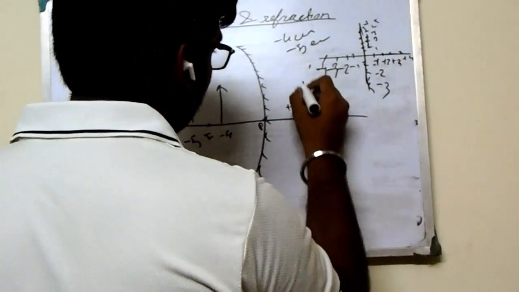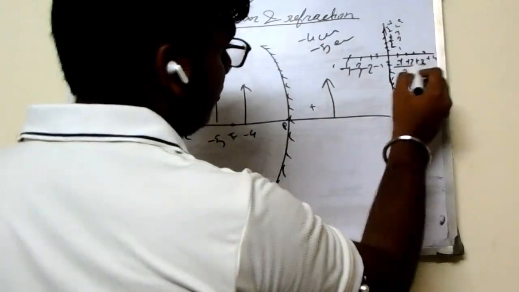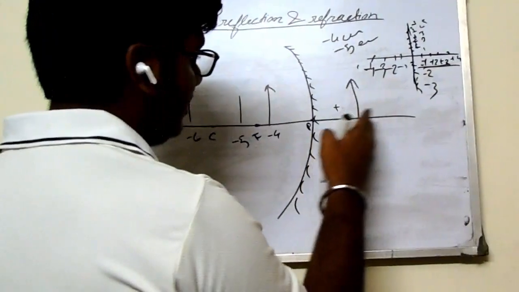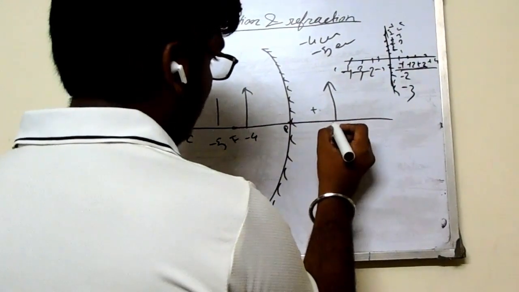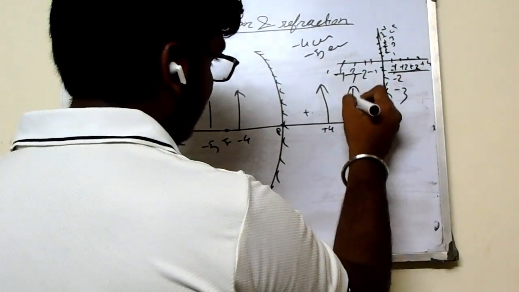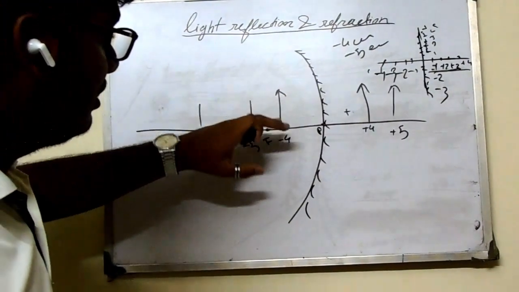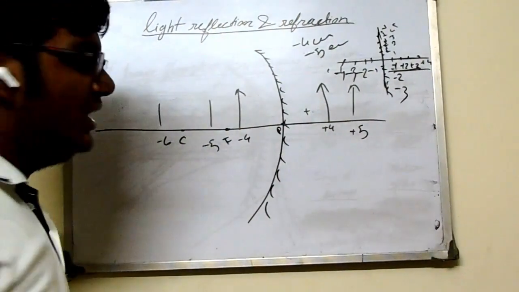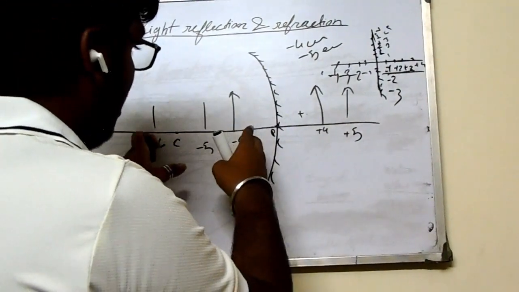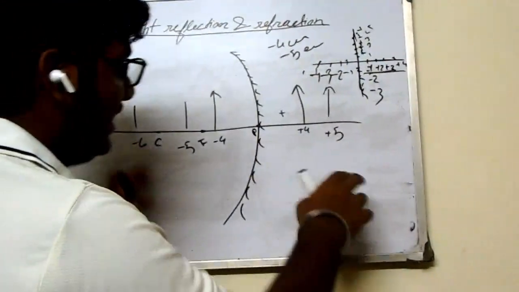Suppose the image is formed here, so the image distance will be plus, as it is going to the right hand side: plus 4, plus 5. Now in the case of inverted and erect, earlier it was about real and virtual. Now it will be about virtual and erect.